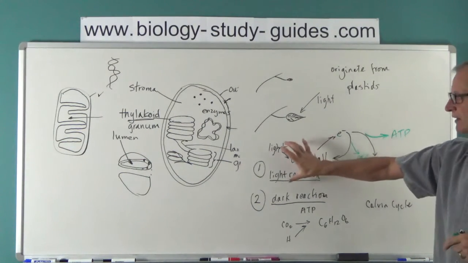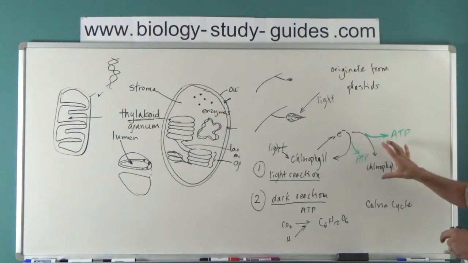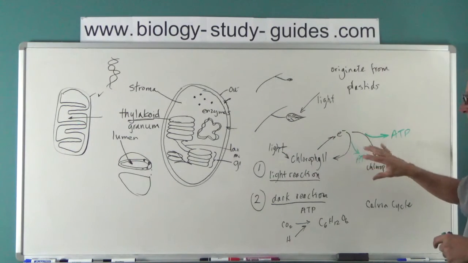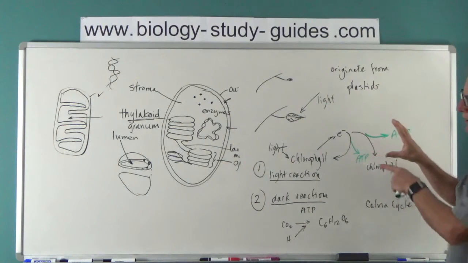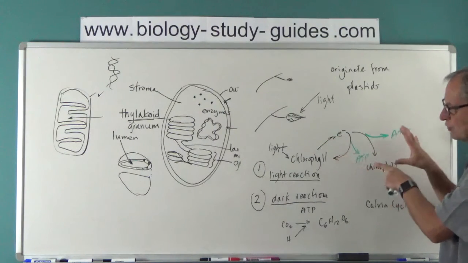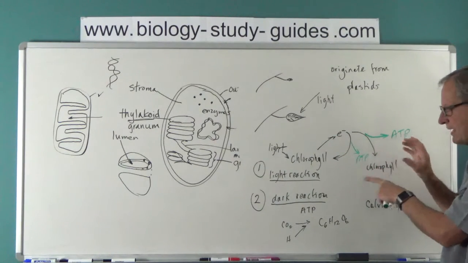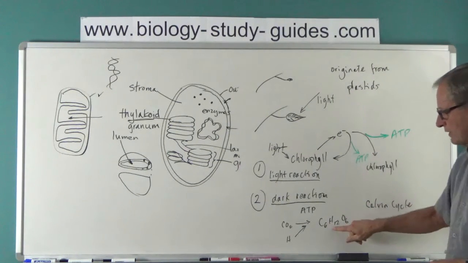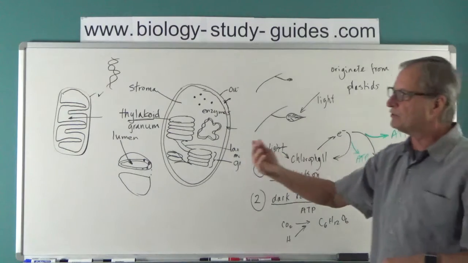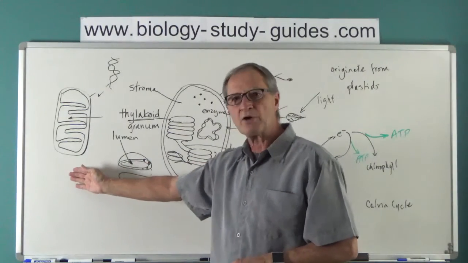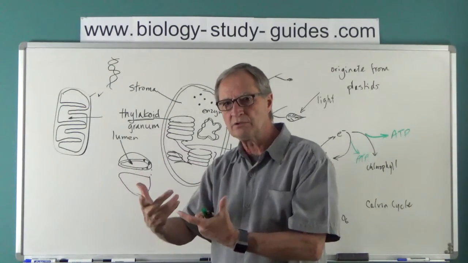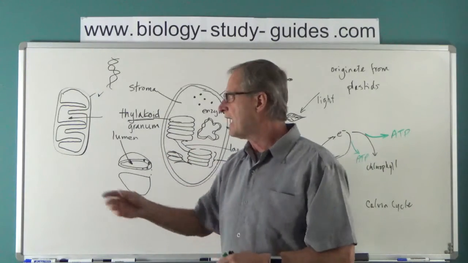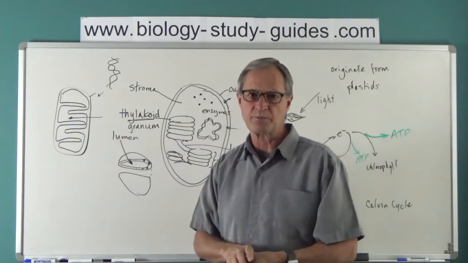The electron transport system that makes ATP in chloroplasts occurs first, and it's followed by a cycle known as the Calvin cycle, which makes the sugar. The contrast with mitochondria is that we had the Krebs cycle, which occurred first, and it was followed by the electron transport chain.